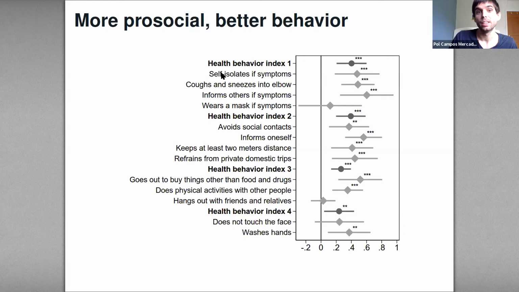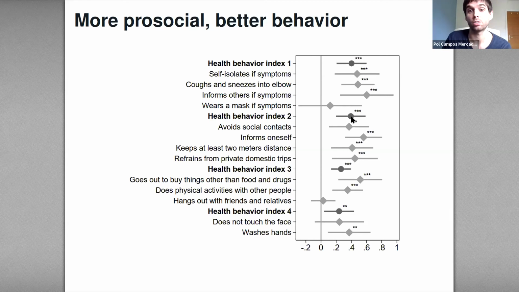So what we see is that indeed there's a very strong correlation between pro-sociality, so how averse to bringing risk on others the person is in the experiment, and the person's behaviors. So when you see that this is positive, this means better behaviors, right? This means more responsible behaviors.